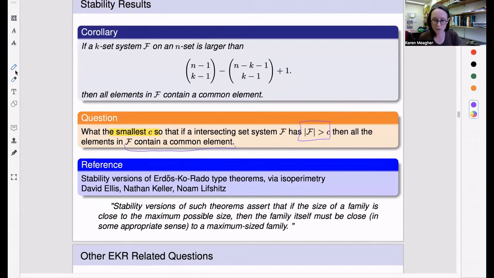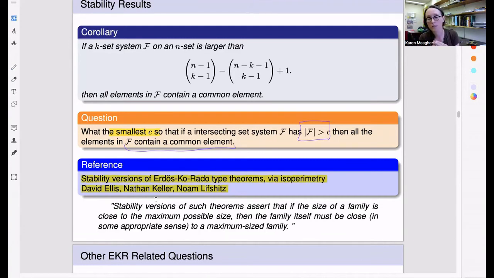These are called stability results, which say that up to a certain threshold, weird stuff can happen, but once your set is big, you have to be contained in a canonical one. There's some really great papers, the stability version of the Erdős–Ko–Rado theorem. They describe it as: stability versions of such theorems assert that if the size of the family is close to the maximum possible, then the family itself must be close to some maximal sized family.